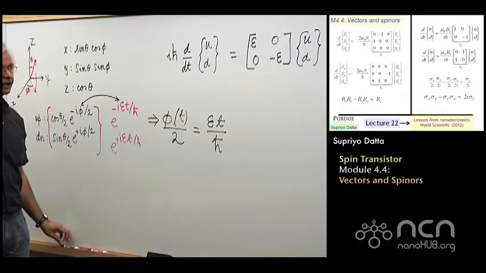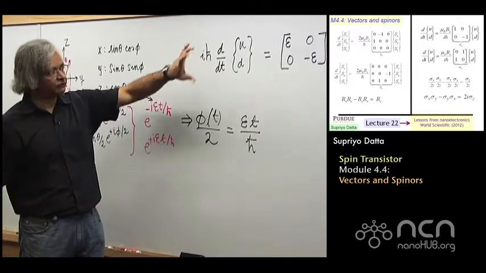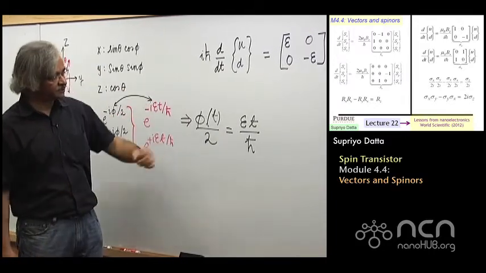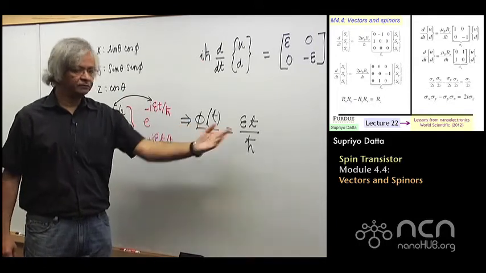So that is what the Schrodinger equation is telling us, that if up and down have two different energies, epsilon and minus epsilon, then the angle of the spin in the xy plane will keep rotating with time.